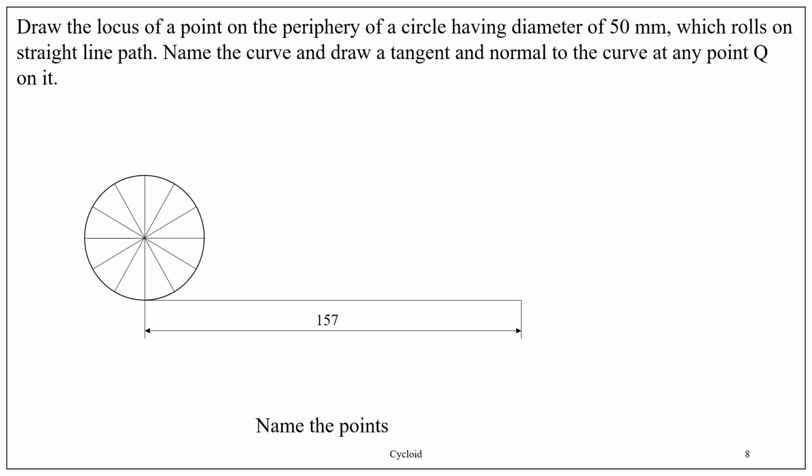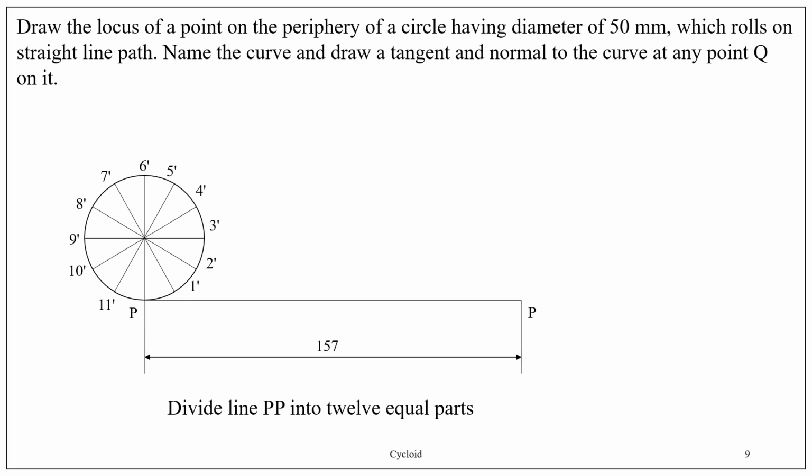Name the points on the circle like this: 1 dash, 2 dash, 3 dash, 4 dash, up to 11 dash. And the 12th point is named as P, which is the starting point for the straight line. The other end of the straight line is also named as P. Divide the line PP into 12 equal parts.